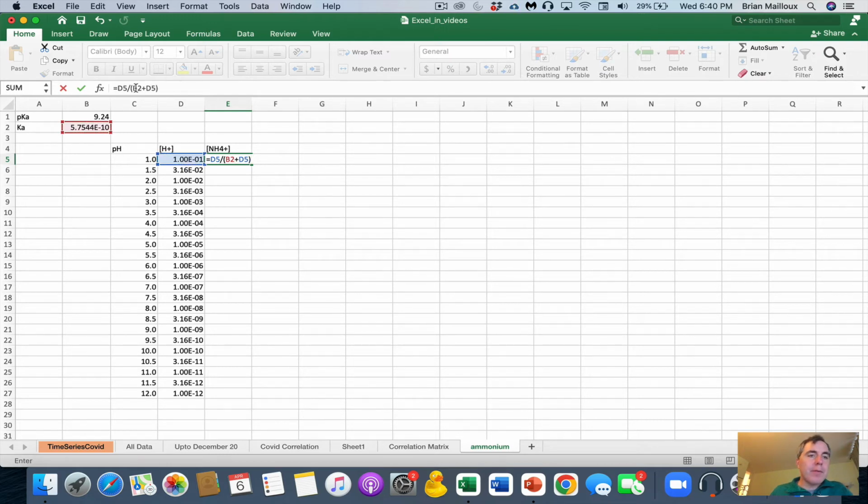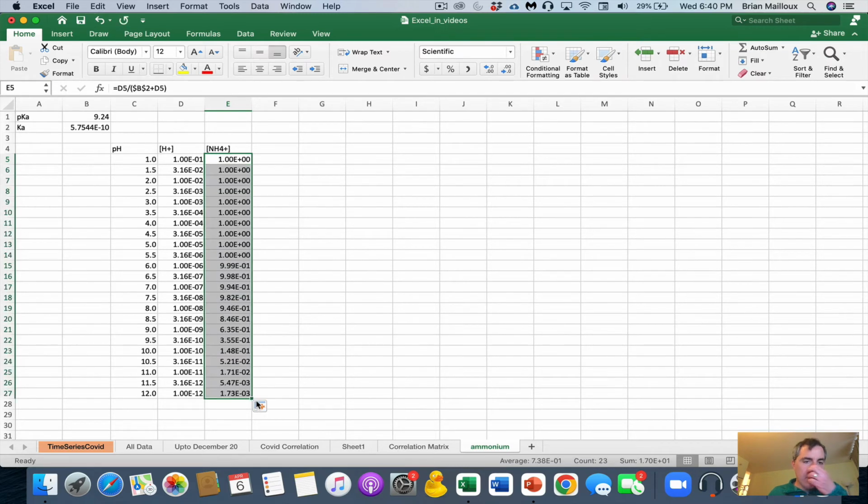And we're going to drag this down, so we're going to need dollar signs on our Ka. Put dollar signs in there. Hit return. And we're going to drag it down. And as you can see, it's basically 1 at the lower pHs, higher H plus, and then it decreases.